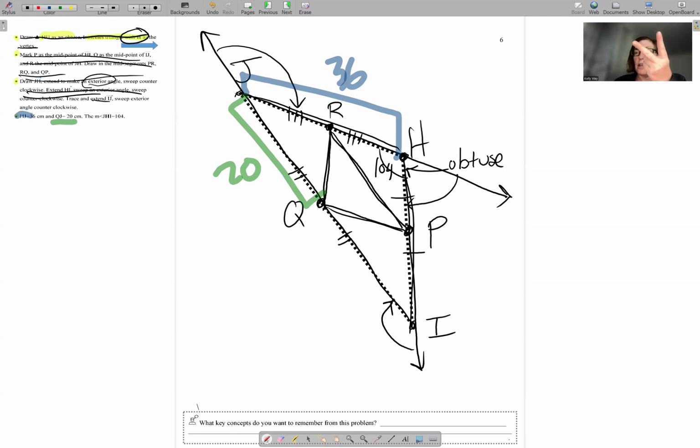So there are 3 things you want to keep in mind here. One is each of these mid segments is both parallel to the side it's facing and half the length. Parallel and half. So these segments right here, 36, and this mid segment it's facing has 2 qualities. This is a 2 bunny hop, and this is a 1 bunny hop.